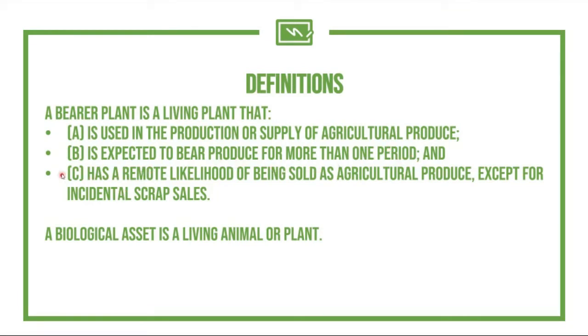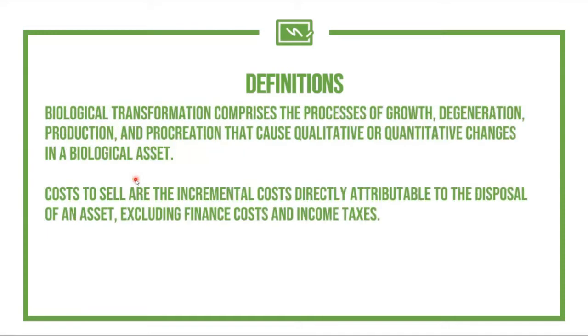And it did not satisfy letter C because the likelihood of it being sold as agricultural produce is not remote. The very reason why we planted or manage that particular biological asset is for it to become the principal item to be sold.